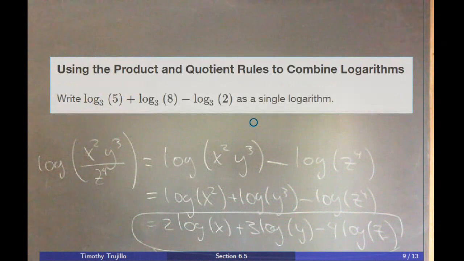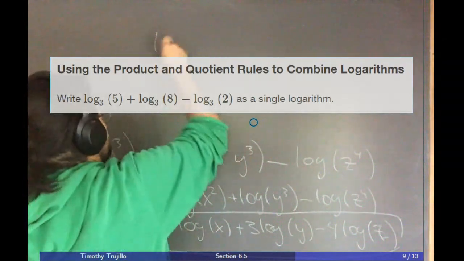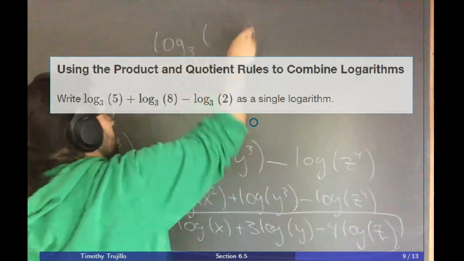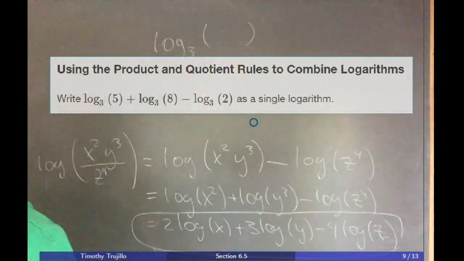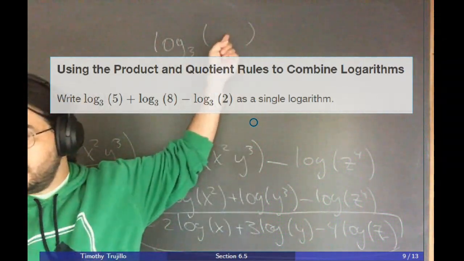So here's one, and let's do one now where we're sort of going in reverse. Here, we're going to rewrite this one completely as something like the log base 3 of something, okay? So the first step is, let's figure out what that something is, right?